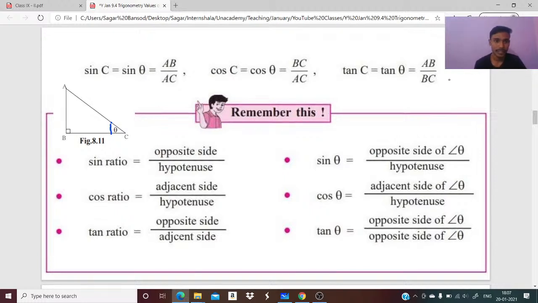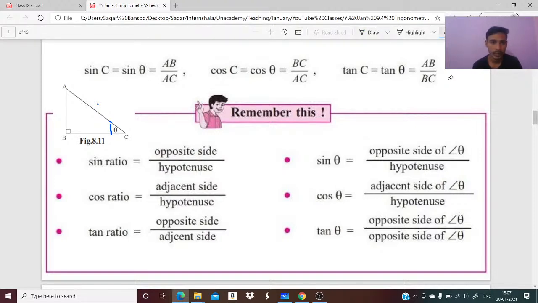First of all, let me give you the introduction about trigonometry. In this triangle ABC, let us suppose this is my angle theta.